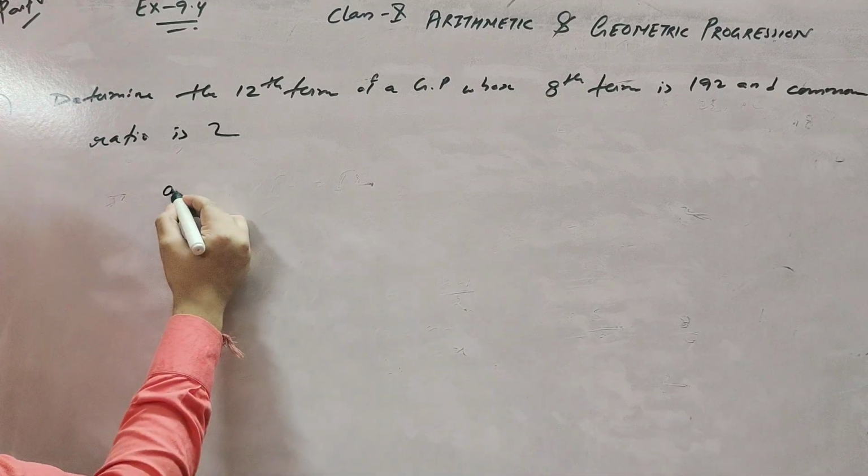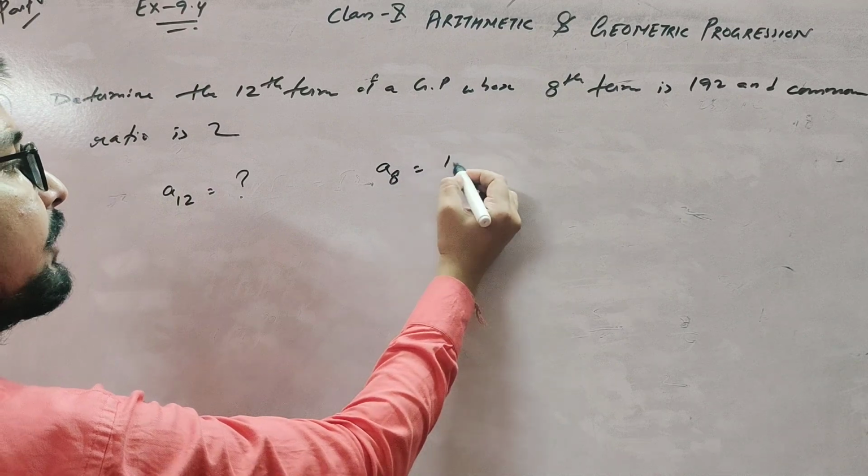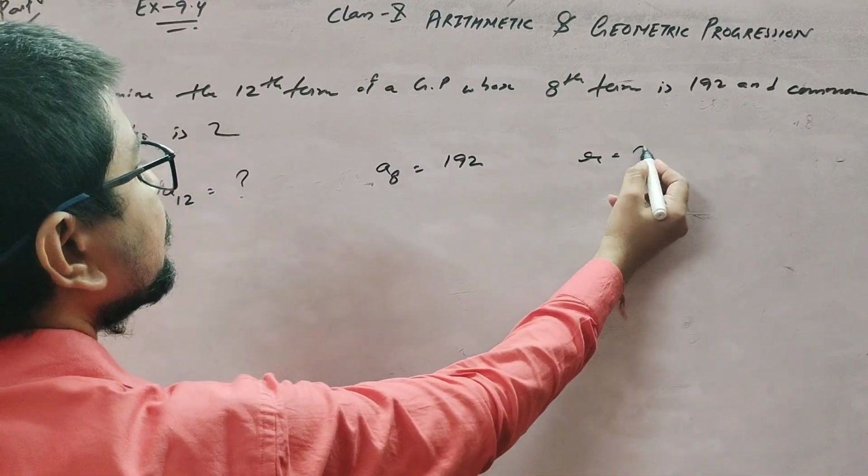First of all, find out the 12th term. What is given? The 8th term is given, 192, and r is also given, 2.